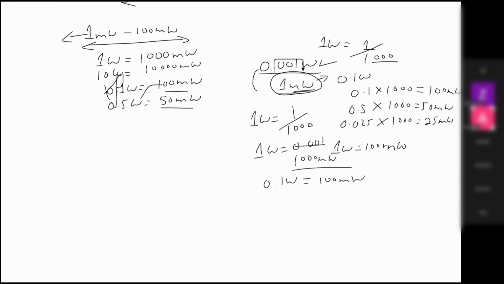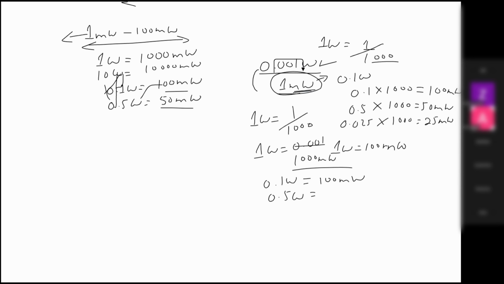Similarly, 0.5 watts in milliwatts is 0.5 into 1000. Why? Because 1 watt is equal to 1000 milliwatts. That's the metric conversion, the base value. If you want to convert any smaller watt value, you multiply it by 1000 and arrive at a milliwatt value. That's the basic principle.